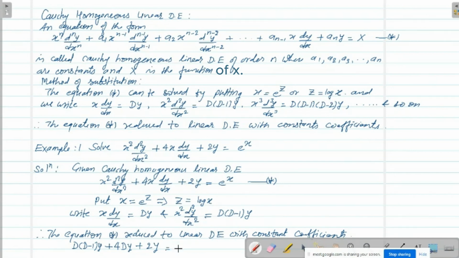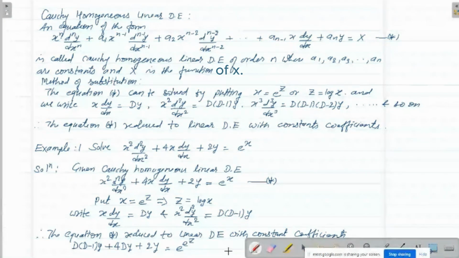So write down e raised to, but x is what? e raised to z.